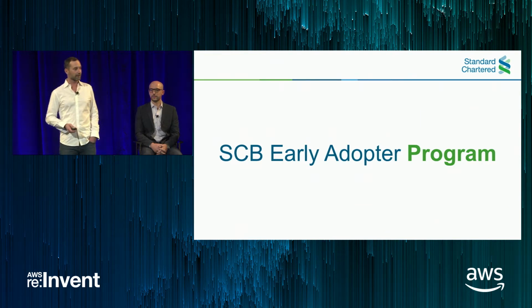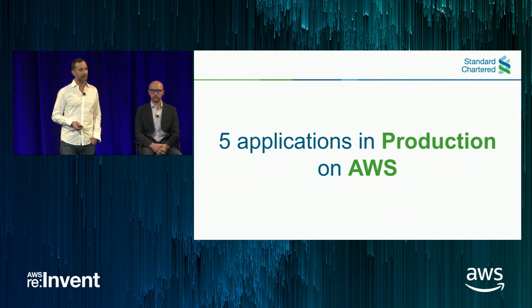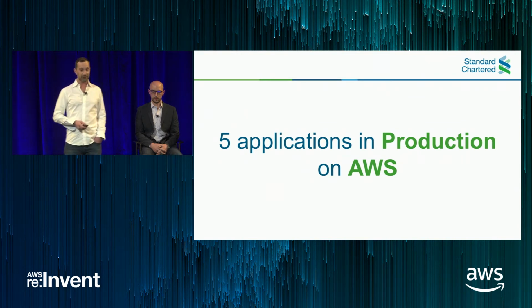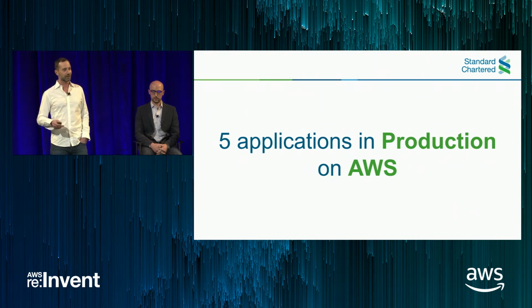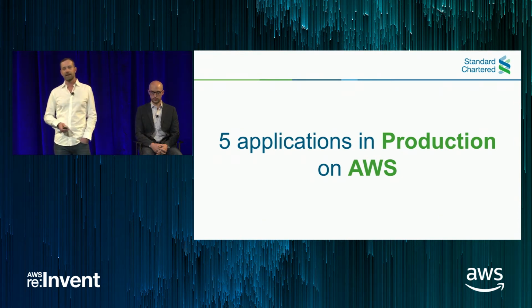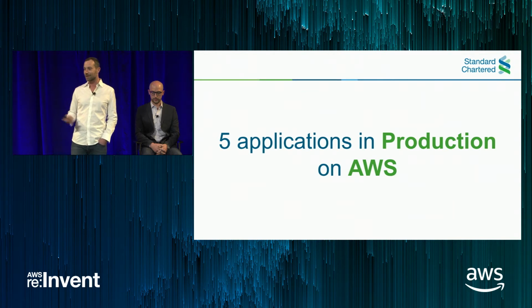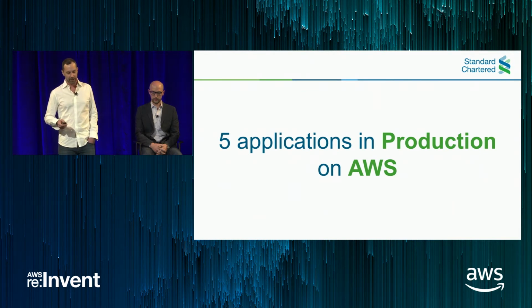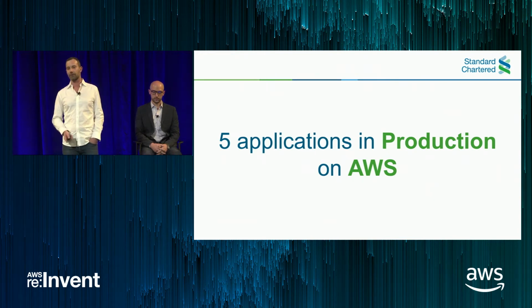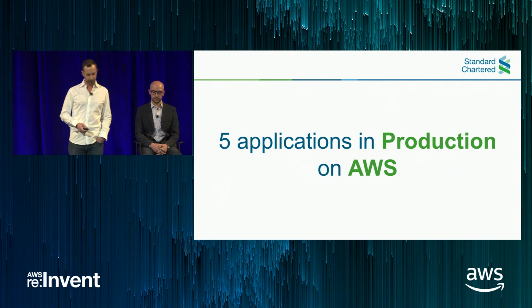We set ourselves a very aggressive target of moving 5 applications in a year. It was challenging. We reasonably thought that if we moved 2, we would have a successful year. But I'm very happy to say that we actually went with a technical go-live last week with 4 of these. So a very successful year for us as it stands.